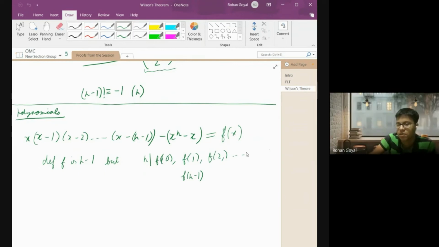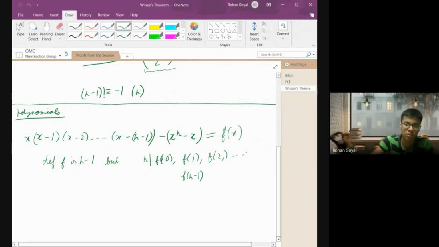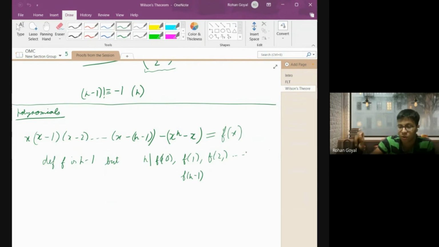So in mod p, if you have these p things, all remainders being divisible by p, then the polynomial is always divisible by p, in the sense that each of the coefficients is also divisible by p.